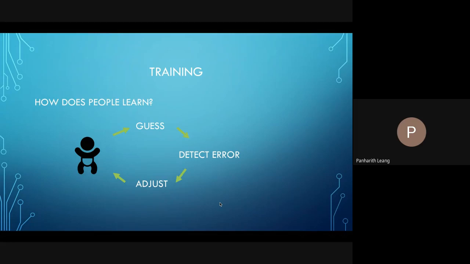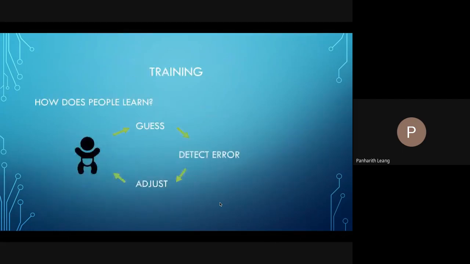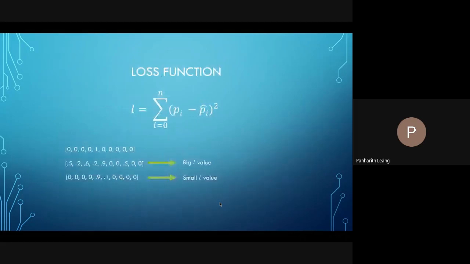If not, we tell it that it is wrong and then tell it the correct answer so that it adjusts itself. Just like the program, we cannot just go into the baby's brain and rewire everything. So how do we teach the program? How do we tell the program that it is wrong? For a baby, you can tell it verbally. But for a program, you need mathematics to tell that it is wrong.